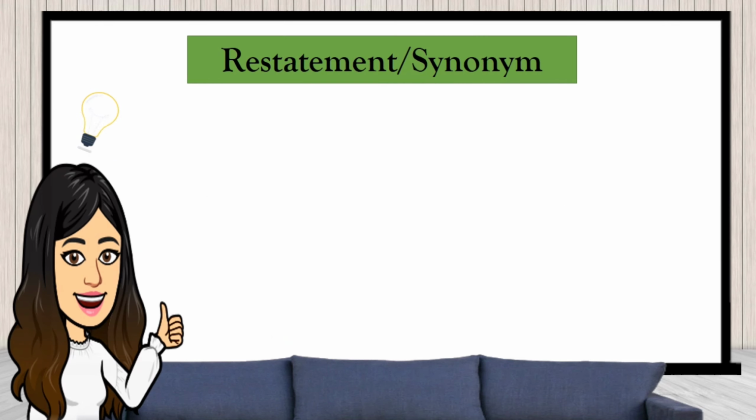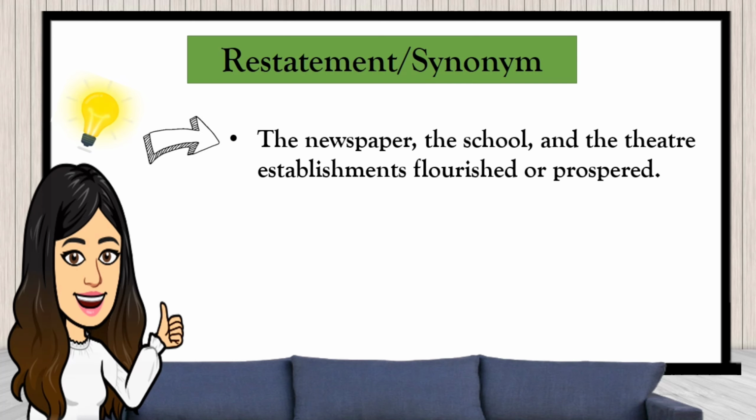For example: the newspaper, the school, and the theater establishments flourished or prospered. The unfamiliar word here is flourished, and the restatement or synonym is prospered, meaning succeed or become financially successful.